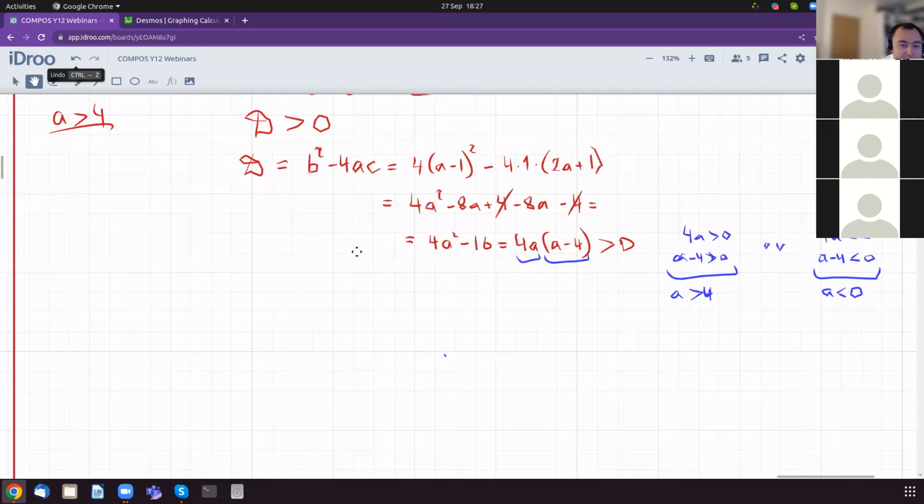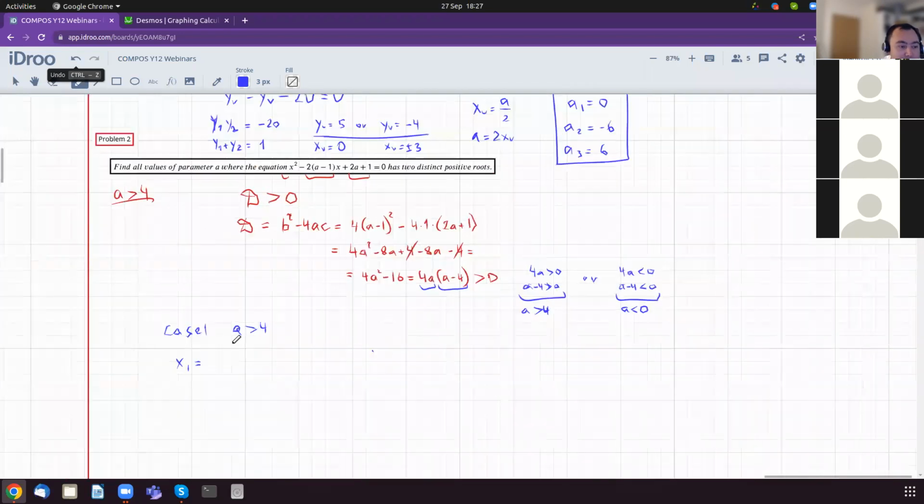Okay. So a is greater than 4. We look at the two cases. Case 1: a is greater than 4. We have x1 is equal to minus b plus square root of the discriminant d, over 2a.